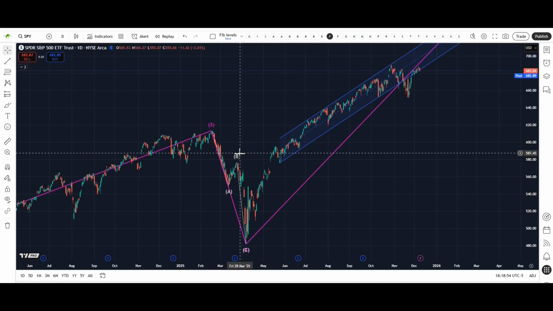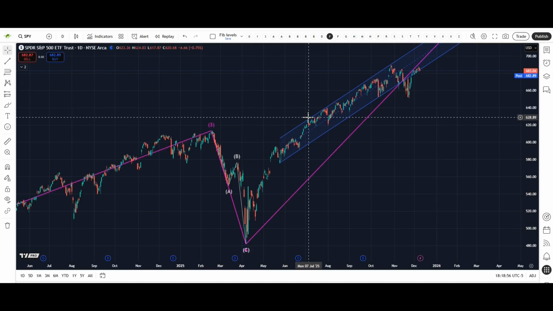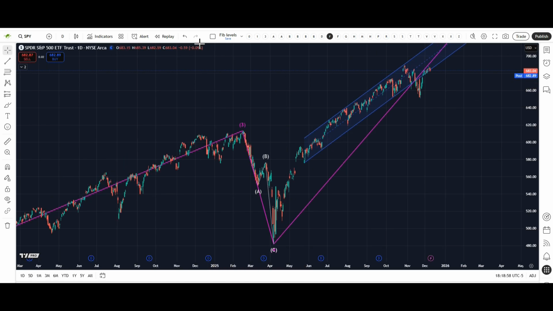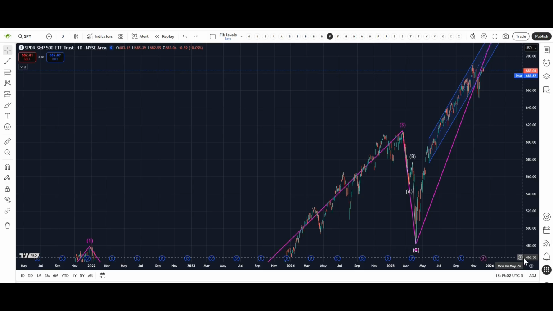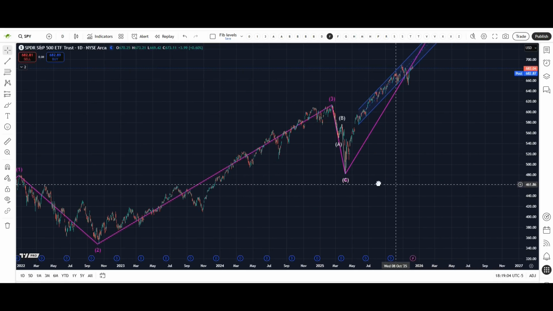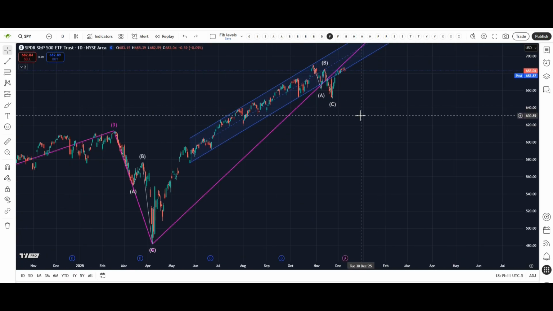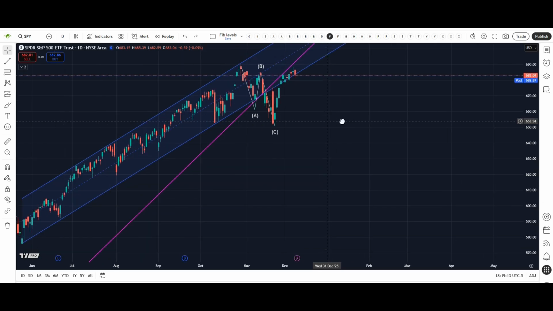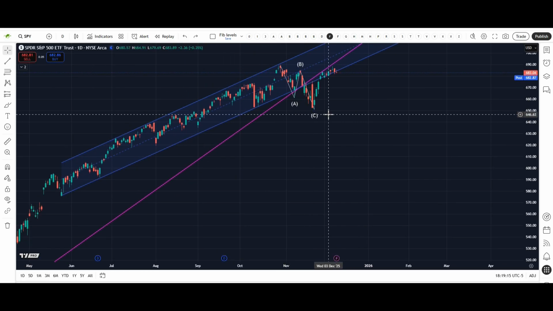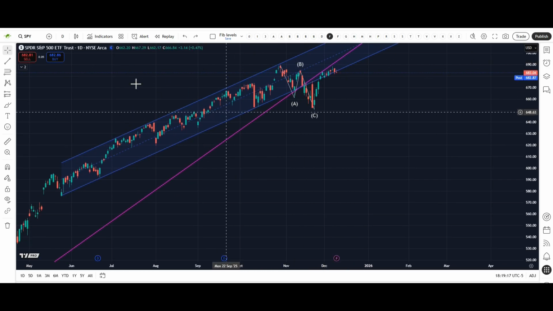So, A, B, C. I've drawn these Fibonacci levels up prior, so let me start adding them back in one by one and we'll have a look at them. Okay, so firstly, we've identified another ABC correction that we've gone through.